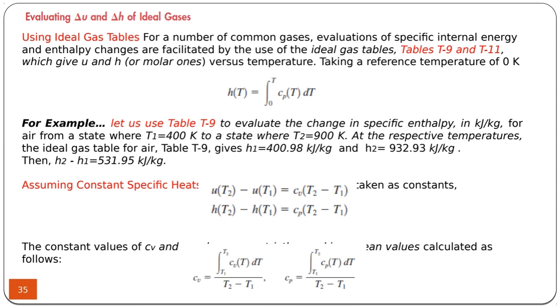You can just read the enthalpy values from this table and find out the difference in enthalpy or internal energy. So all you have to do is to use the table, and using the temperatures, you can find either internal energies or enthalpies and find the differences of them.